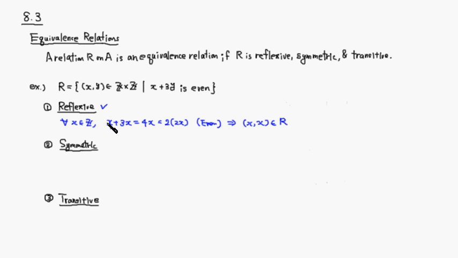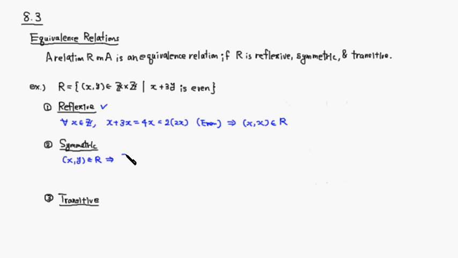Alright, let's look at the symmetric. So is it symmetric? So we assume that x is related to y by this relation, which means that x plus 3y is even.